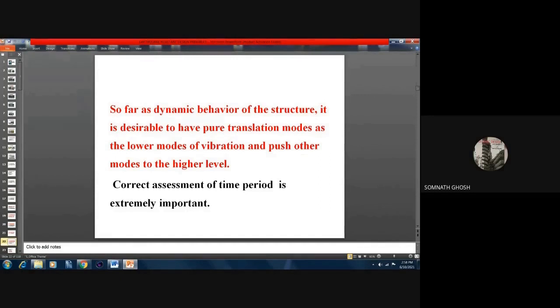When you are dealing with code, you are not always going for actual analysis. You don't bother about code. No. Unless you know the correct time period, you won't get Sa by g. And that Sa by g depends on the type of soil, that particular curve.